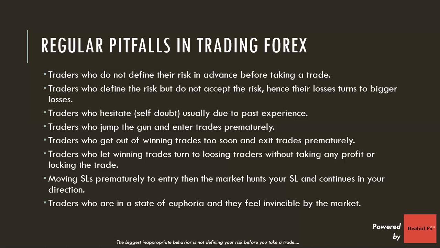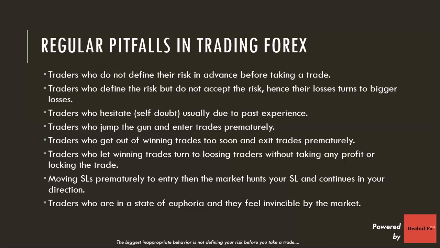Two, there are traders who define their risk but do not accept their risk. Hence, their losses usually turn into bigger losses. Some traders will do the analysis and say, okay, my stop loss will be at 50 pips. But when the market drops to 40, 45 pips, they will remove their stop loss in fear. And before you know what is happening, the market drops to 60 pips, then 80 pips, and they start praying that the market comes back to 50 pips so that they can take their original stop loss.